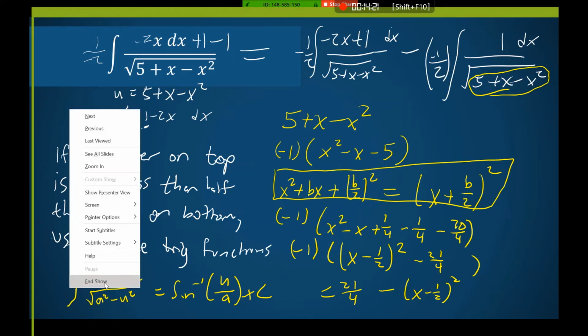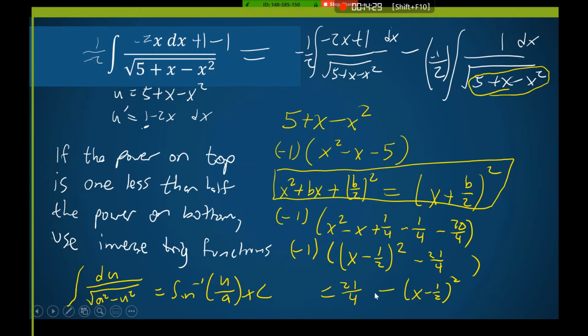Wait, Mr. Brendan, why can't the positive 1/4 and negative 1/4 cancel with each other? They can cancel. I'm actually forcing that term in because that allows me to create a perfect square. So that 1/4 and negative 1/4 wasn't there originally.